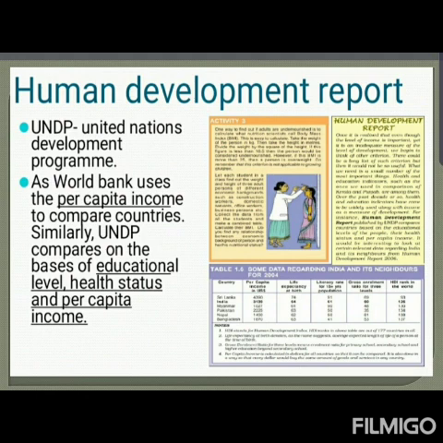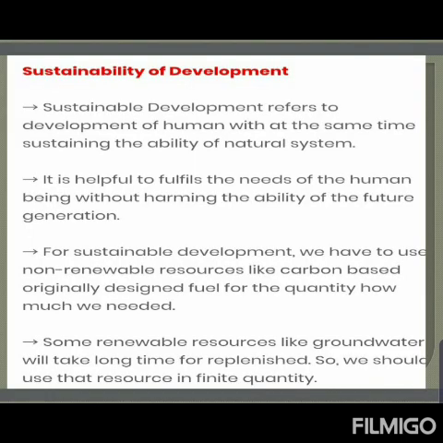Sustainable development. What is sustainable development? Sustainable development refers to the development of human with at the same time sustaining the ability of a natural system. It is helpful to fulfill the needs of the human beings without harming the ability of the future generation.